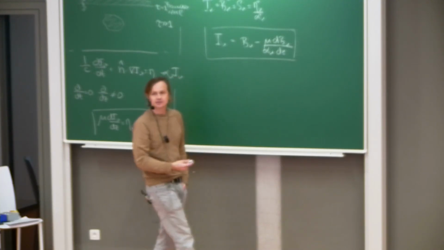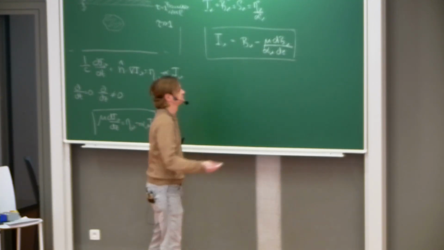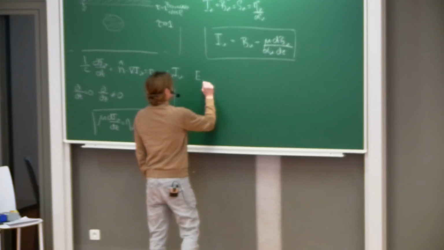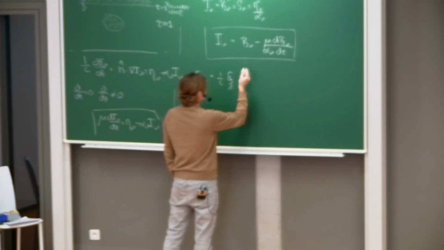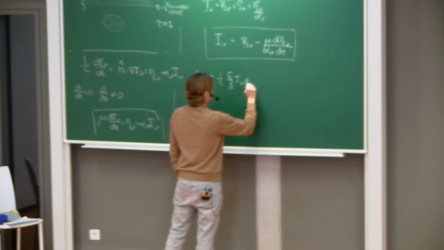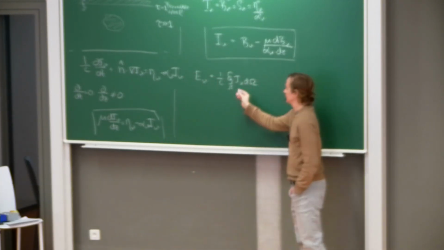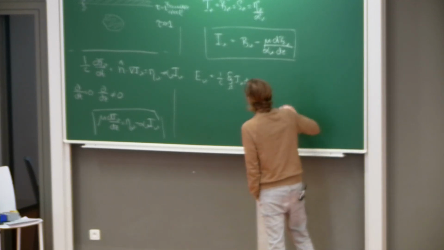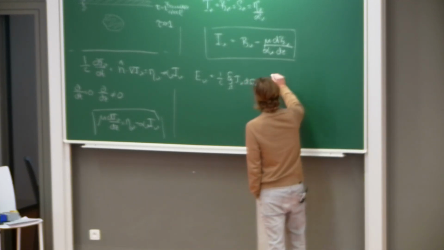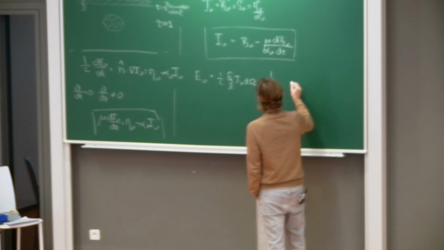We can start with the energy density. The energy density we know now very well. It's just 1/c times the integral of I_nu dOmega, where I will just now keep the frequency, so we don't frequency integrate at this moment. So that's just 1/c then. There's only a mu there, so we can directly take out the 2 pi.